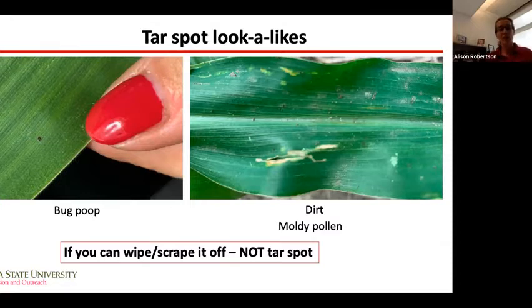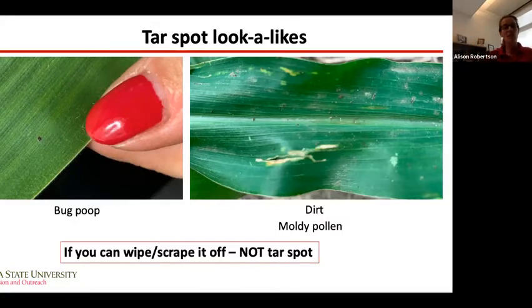That can look like tar spot. And of course, bug poop can also look like tar spot. Basically the rule is, if you can wipe or scrape off the dark spot, it is not tar spot. Tar spot is embedded in the leaf tissue.